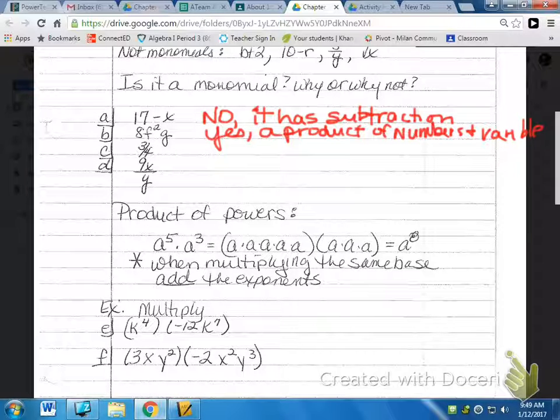Okay, what about 3/4? What do you think? Is that a monomial or not? Yes. Why? Look at the definition, the very first word in the definition. It's a number.